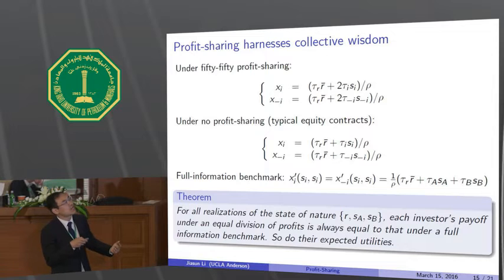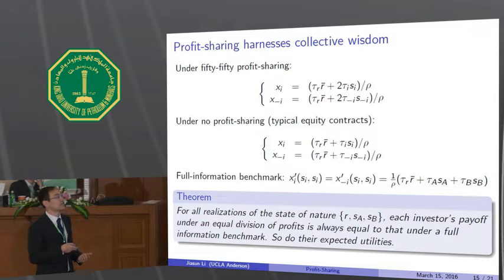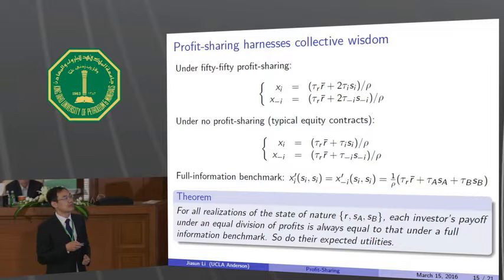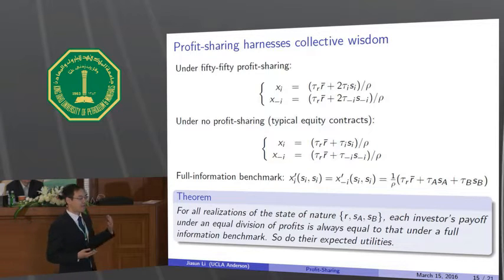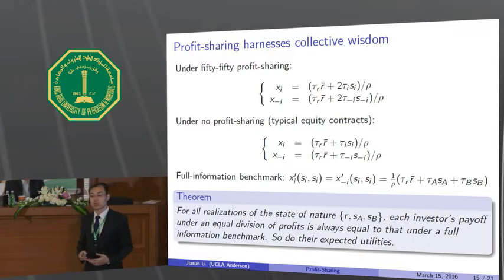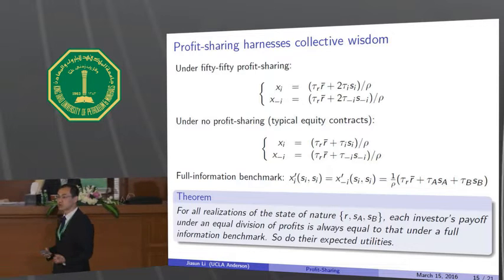If we look into the optimal investment strategy function under a 50-50 profit sharing rule, then it still is going to be a linear combination of the unbiased mean and my private signal, except that there's going to be a 2 in front of the coefficient of the private signal. So that's what I mean that actually having a 50-50 profit sharing rule will make us invest more aggressively.